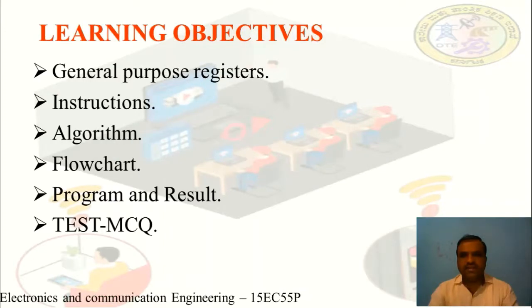In this session, you are going to learn different general purpose registers, different instructions needed to write this program, algorithm of the program, flowchart of the program, assembly program for this 6x square minus 9x plus 2 equation, and also we'll see how to execute that program in Keil software, and we'll see the result. At last we'll have some multiple choice questions.